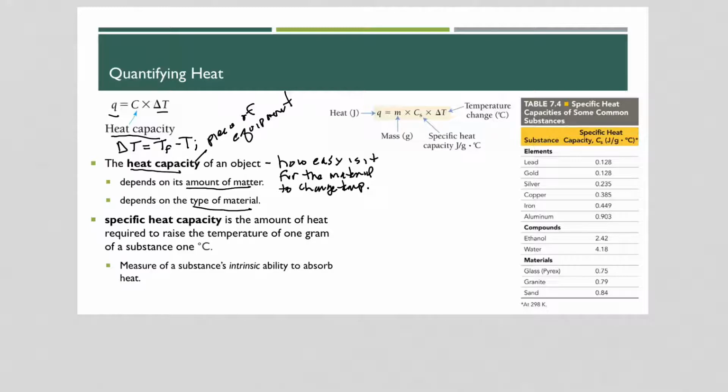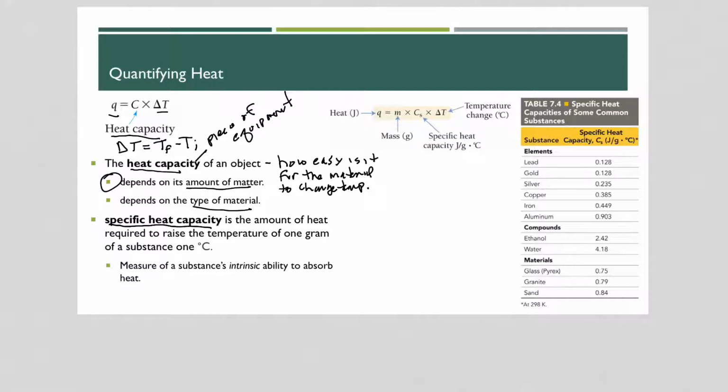Now, a more useful idea or a more useful number for sort of general problems that we'll be dealing with is something called the specific heat capacity. So what this has essentially done is remove this idea of the amount, right? It's separated the amount of matter from the type of matter.